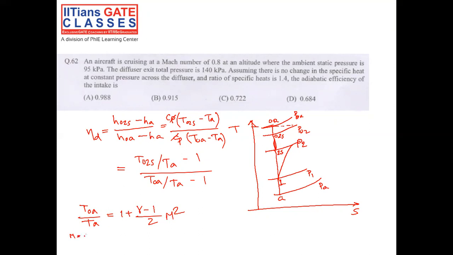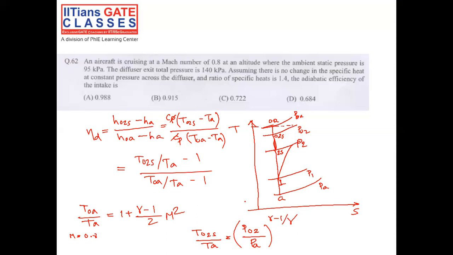And T02s by Ta, from the isentropic relation of gases, is the total pressure at the exit of the diffuser divided by the pressure at the entry of the diffuser, to the power gamma minus 1 by gamma.